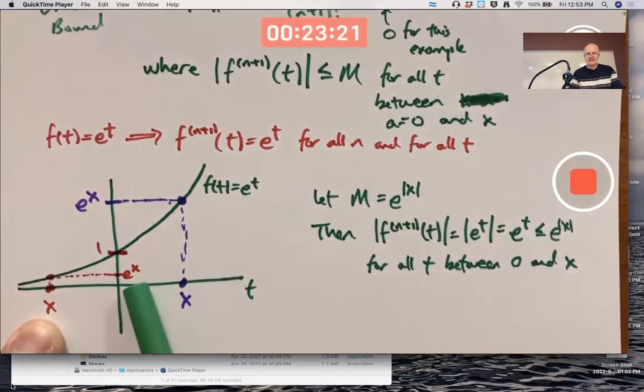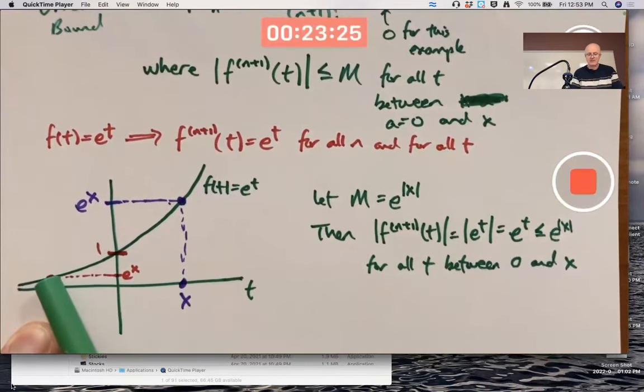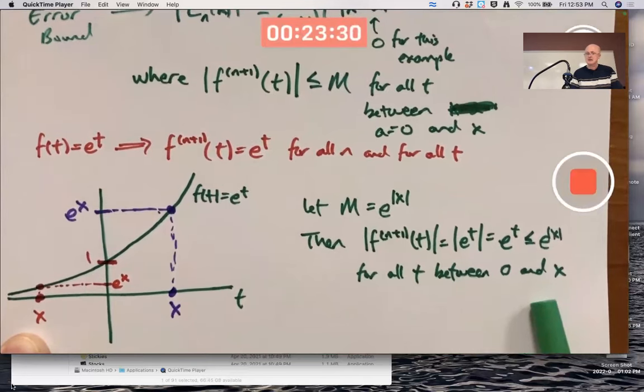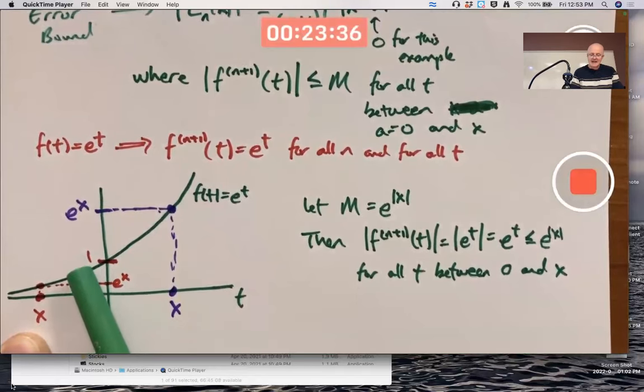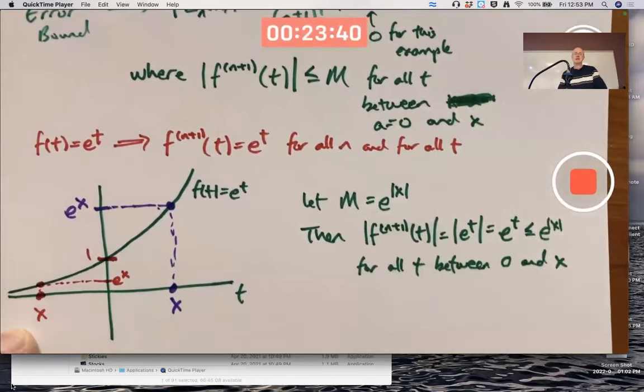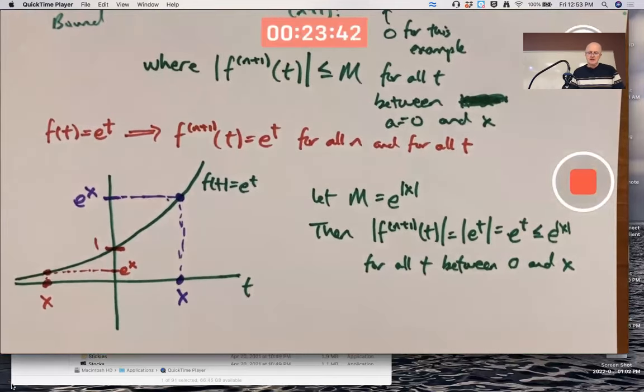E to the x is greater than or equal to itself, the second coordinate of that point. But when t is between 0 and x, when x is negative, t is negative, and the output at that value of t is higher than e to the x, so it doesn't work. So this has got to be what you use in general. So what have I gotten out of this?